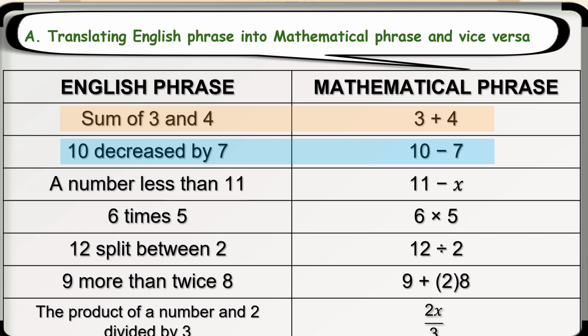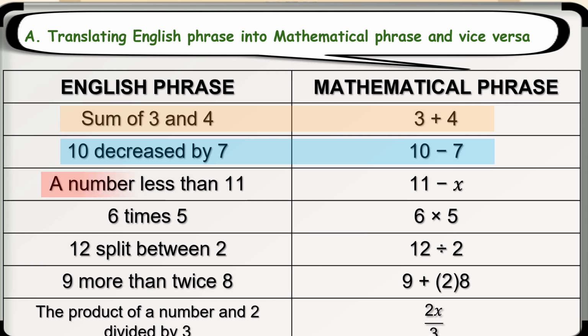Decreased by is the keyword which means subtraction. Make sure to pay attention to the order. The number 10 comes first, meaning it is the minuend, and 7, which comes second, is the subtrahend. Its equivalent then would be 10 minus 7.